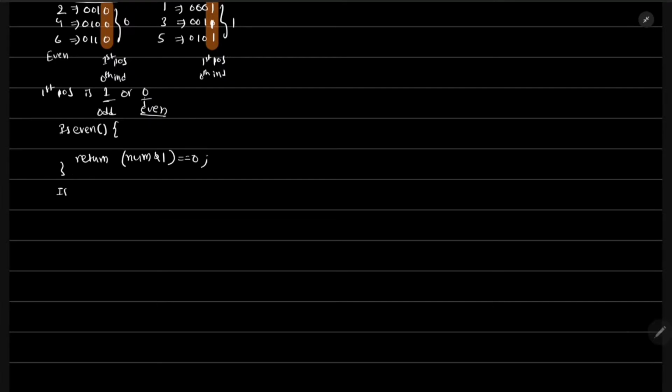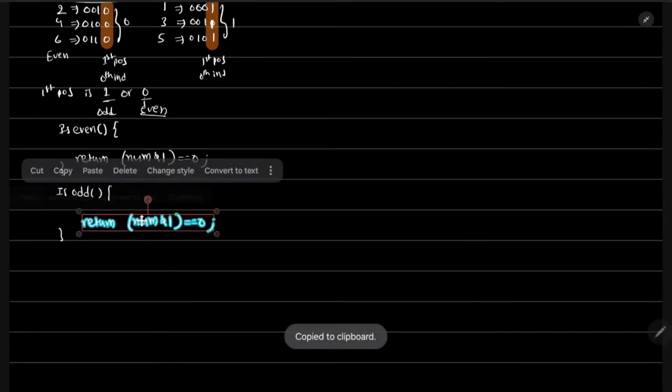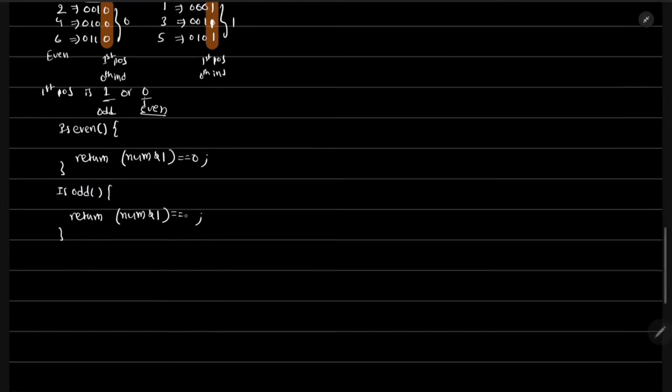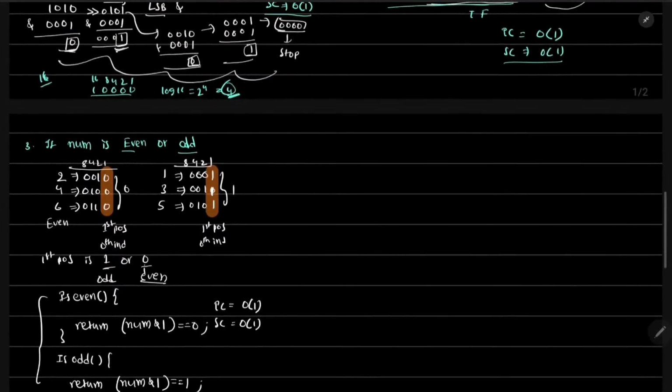If you want to write the odd function, same thing, I can copy paste, but I need to change this. I can do it like this, equal to 1. I'll just return it like this. Yeah, these are two functions I can write. The time complexity will be big O of 1. Space complexity will be big O of 1. Right? This is also a simple problem.